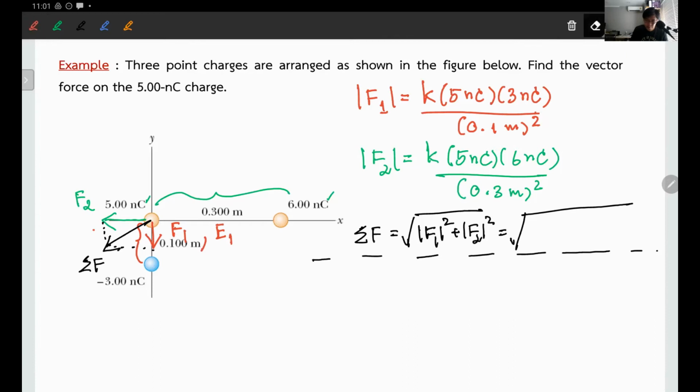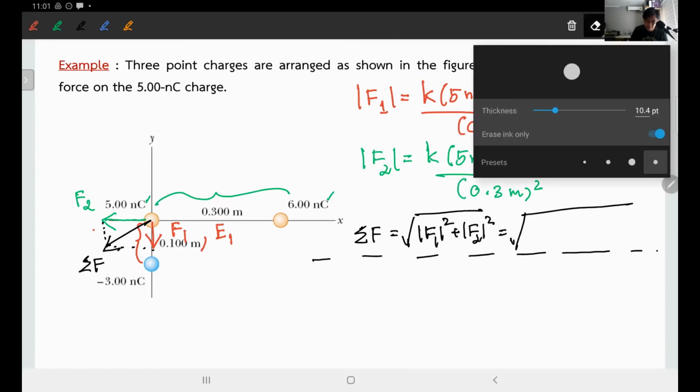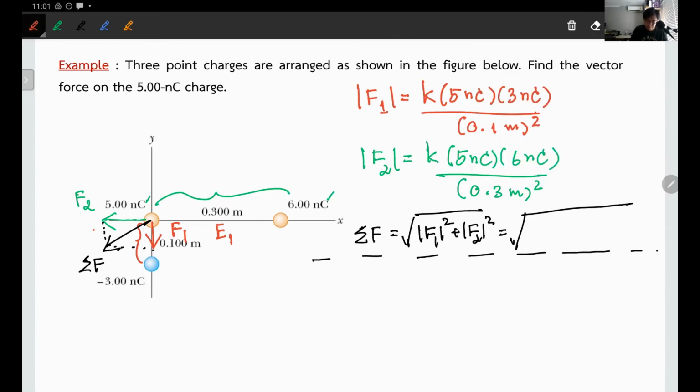Okay, let me use the parenthesis. And instead of getting the force F2, you can just get the E due to charge number 2 instead. And then once you calculate the net E, then you do the net force through Q times net E. You will get the same answer.